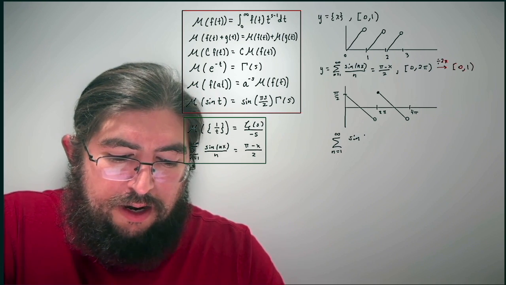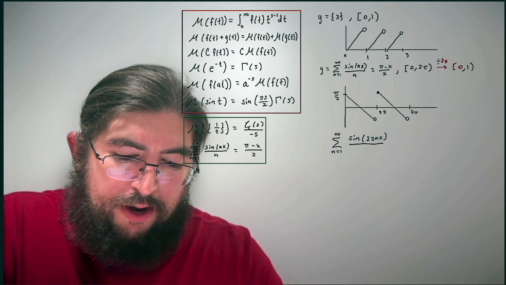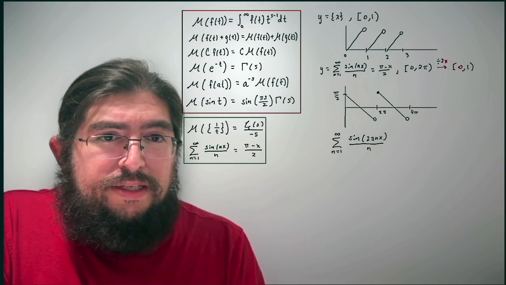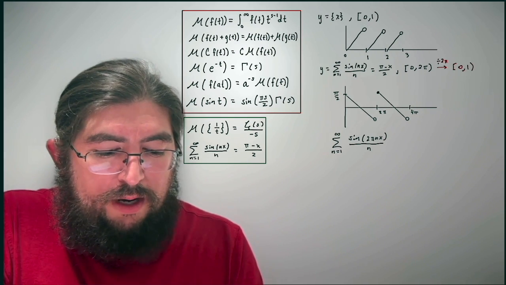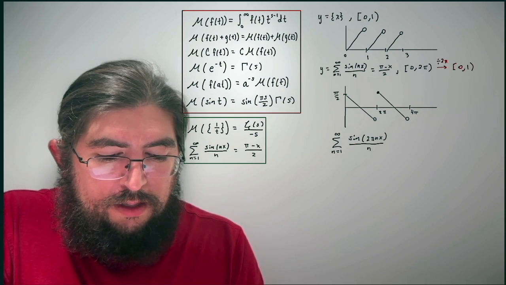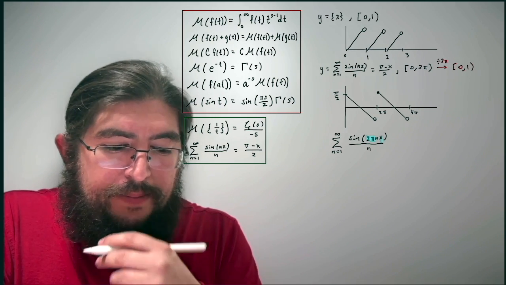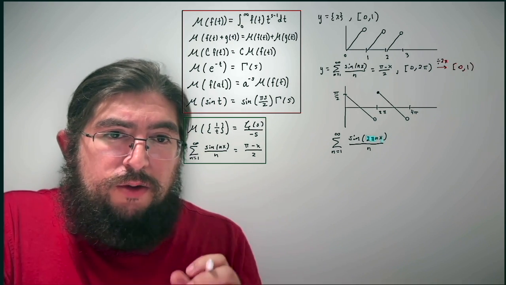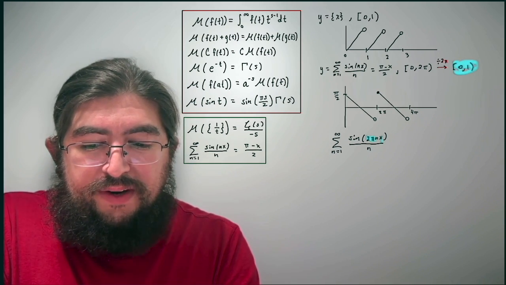So this becomes sine of 2 pi n x over n. To understand why, as x goes from 0 to 1, 2 pi x will go from 0 to 2 pi. So we've changed domains, and x is acting between 0 and 1, much like we wanted here in red. Perfect.